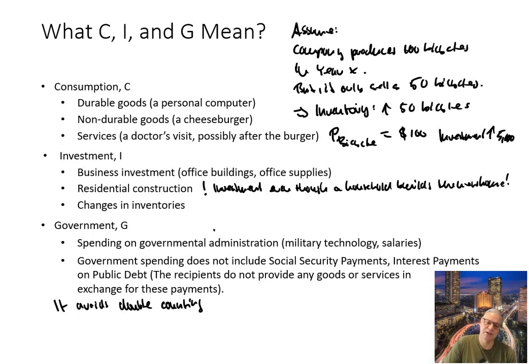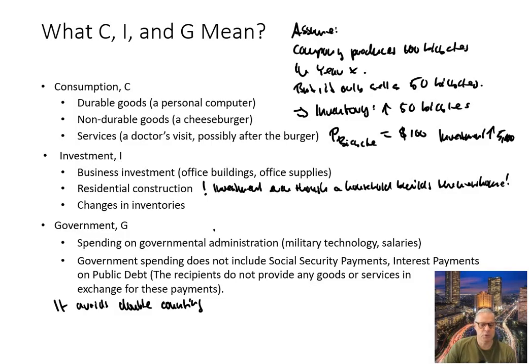And the main reason I think that makes sense is that it avoids double counting, because somebody who receives that money will ultimately spend it on something else. And the other reason is we don't really get directly a good or service in exchange for it.